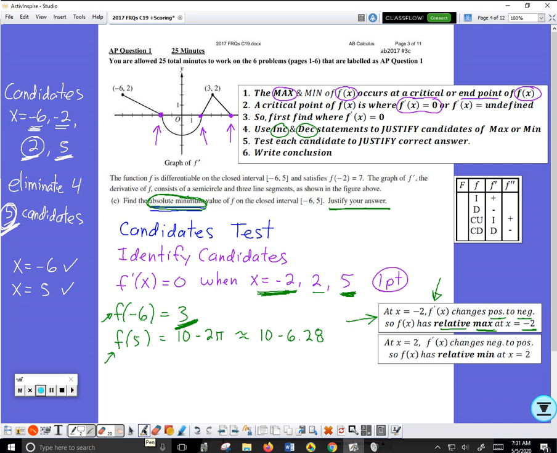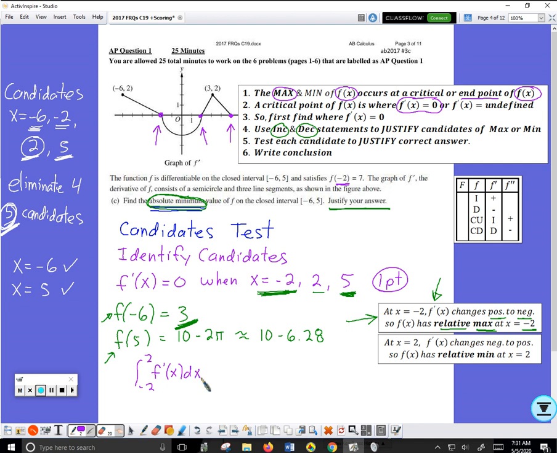So I'm going to integrate from negative 2 to 2, f prime.